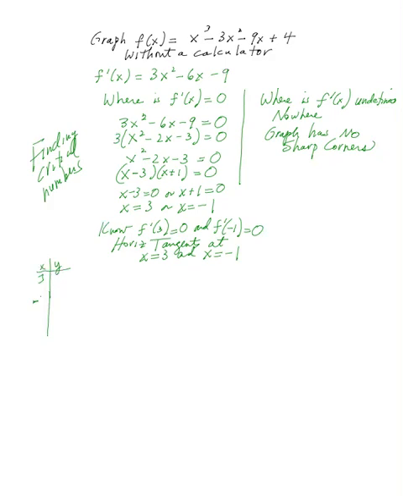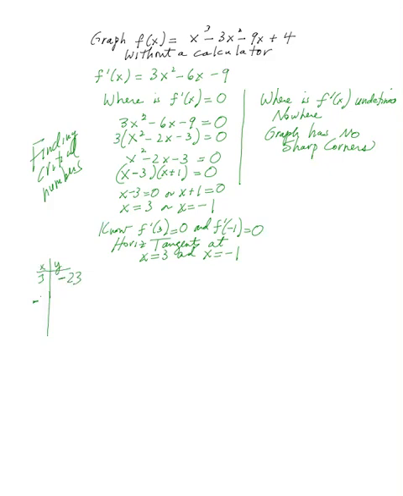Okay, 3 cubed is 27, minus 3 times 3 squared, that would be 27 also. 27 minus 27 is 0. Minus 9 times 3 is negative 27, plus 4 is negative 23. See, you didn't need a calculator for that.